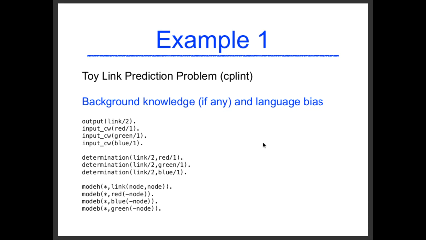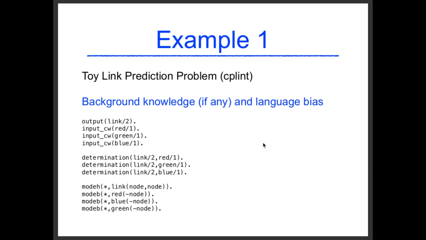And then you have the modes and the determinations, which you need to specify. So the modes, mode H and mode B, stand for mode for the head and mode for the body. In the head, you have only the link predicate in the head of your clauses.